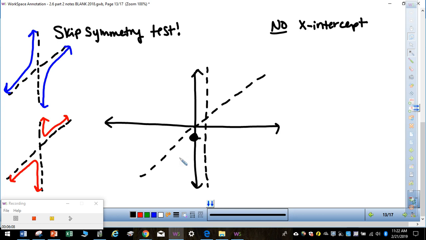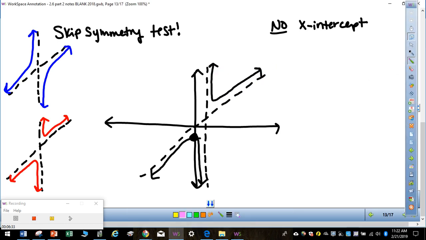So if we take a look at what we have over here, we know that it has to go through this y-intercept point. And so we know that the curve is going to be on the inside. And so it must be on the inside for the other part as well. So if we actually just highlight the answer part, the curve is going to look something like this.